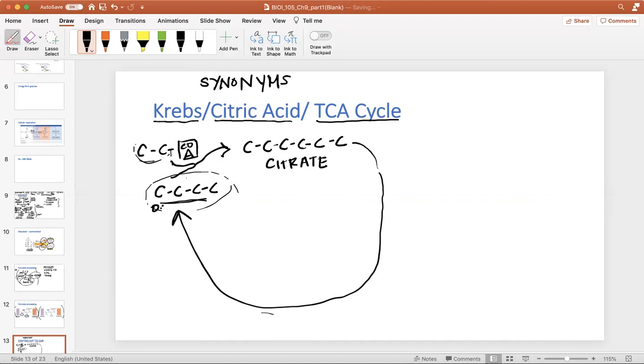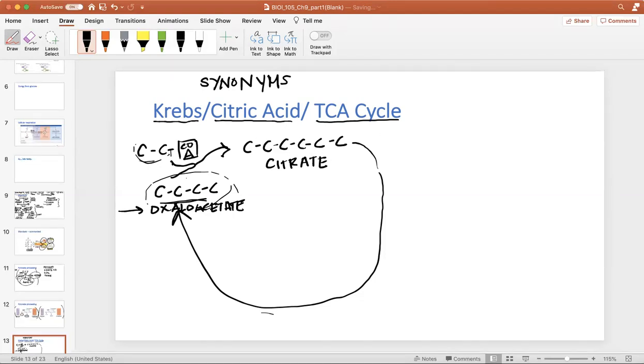Just in case you're looking for a name to help you understand what this molecule is, this is called oxaloacetate. Okay, I will not test you on that, but if that helps you to understand this, then great. So the 2 carbons from your acetyl-CoA molecule combine with the 4 carbons from an oxaloacetate molecule via an enzymatic reaction to form the 6-carbon citrate here.